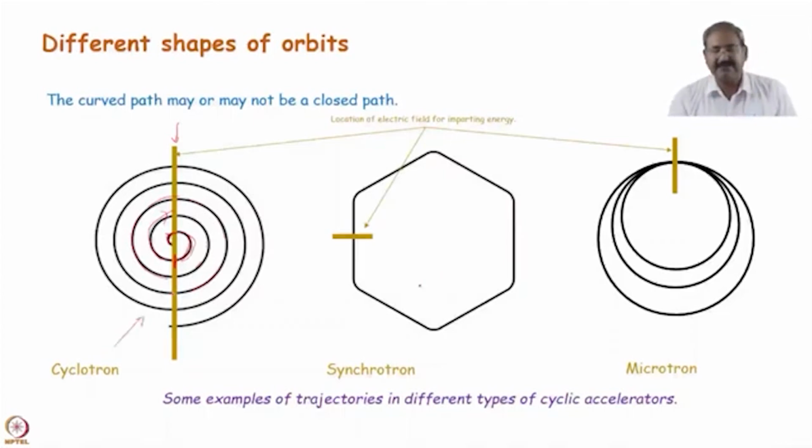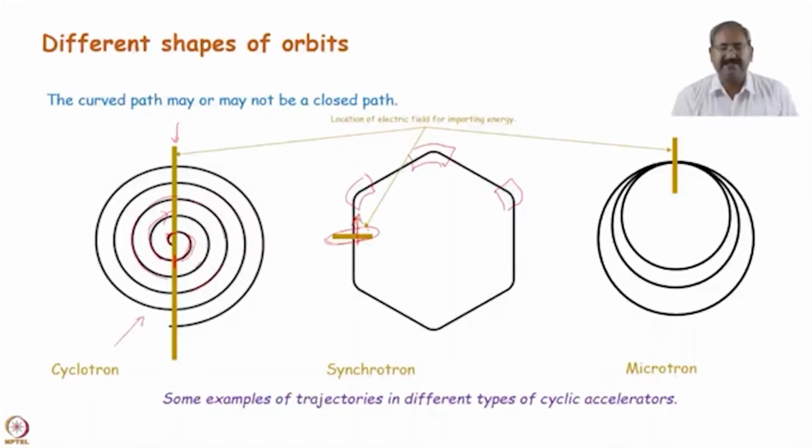Now in a synchrotron, this is the RF cavity, and when the particle traverses through this cavity, its energy increases. However, for bending or generating the curvature in the path, we use some kind of magnets. Simultaneously, we increase the magnetic field of those magnets also.